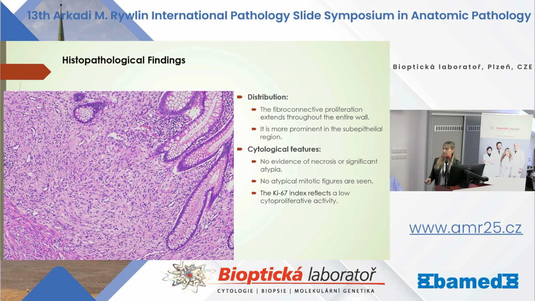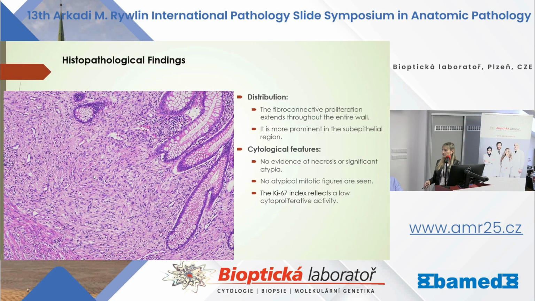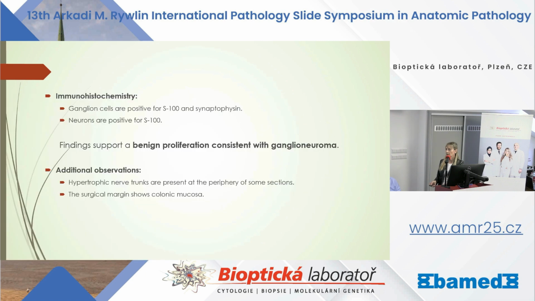The fibroconnective proliferation extends throughout the entire wall. It's prominent in the subepithelial region. Cytologically, we have no evidence of necrosis or significant atypia, no atypical mitotic figures, and the Ki67 index reflects a low proliferative activity.